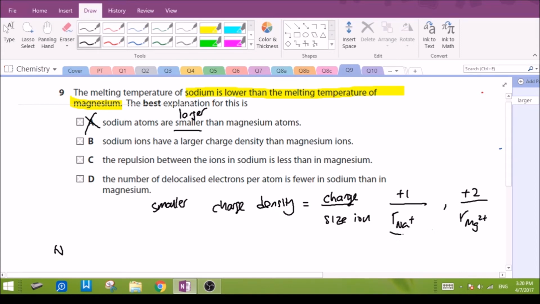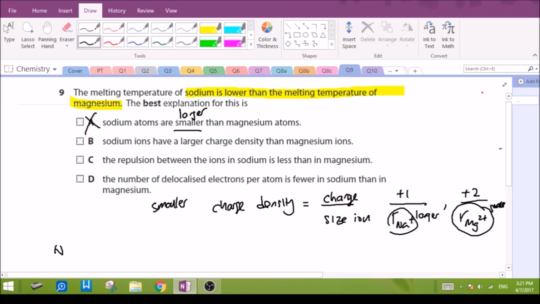And then we know that the sodium ion is actually larger than magnesium, as explained, due to the smaller number of protons that sodium has, and magnesium will be smaller.